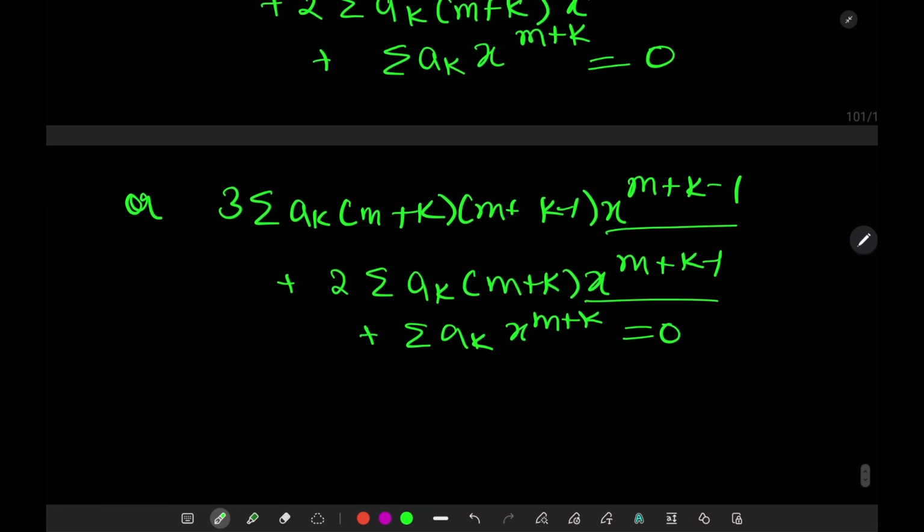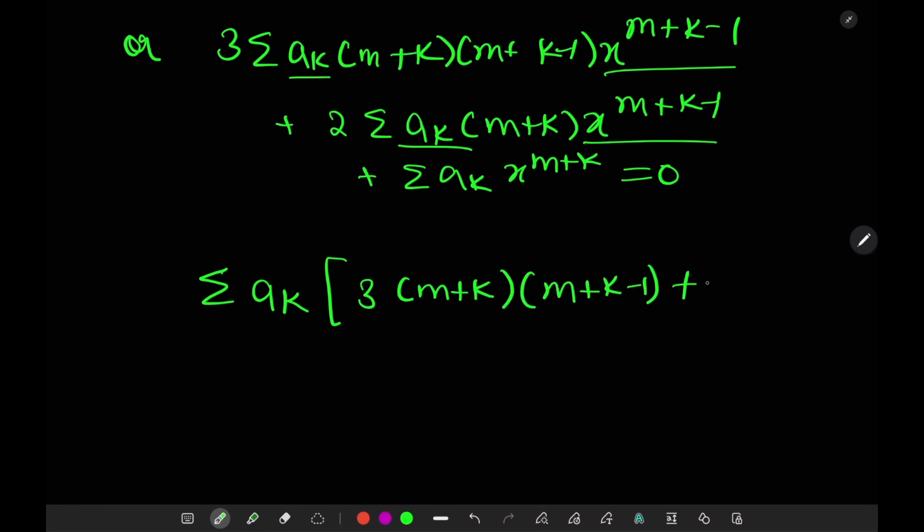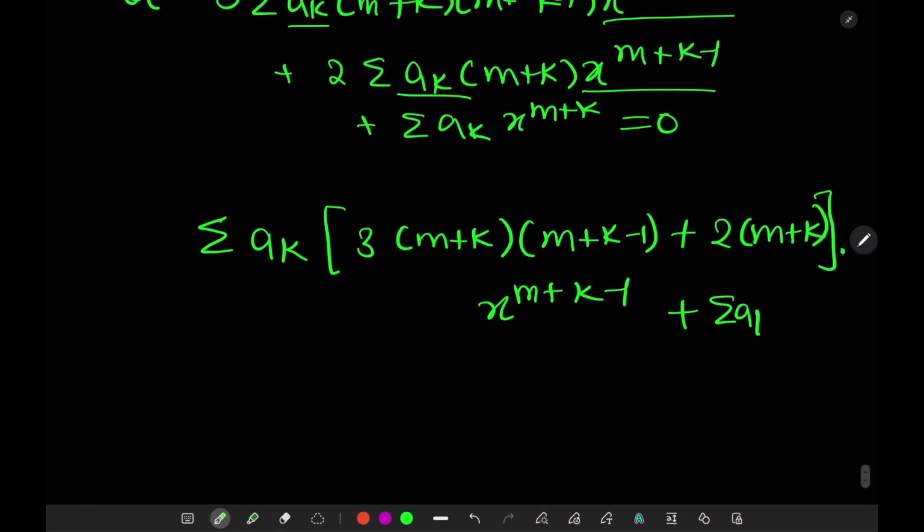Now these are the same, so we can take common here, and a k is also a common term, plus summation a k x raised to power m plus k equal to 0.